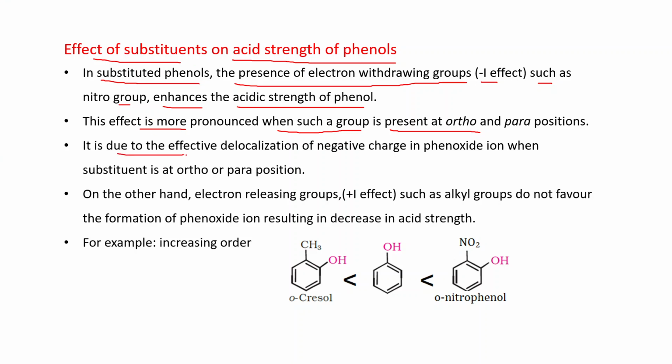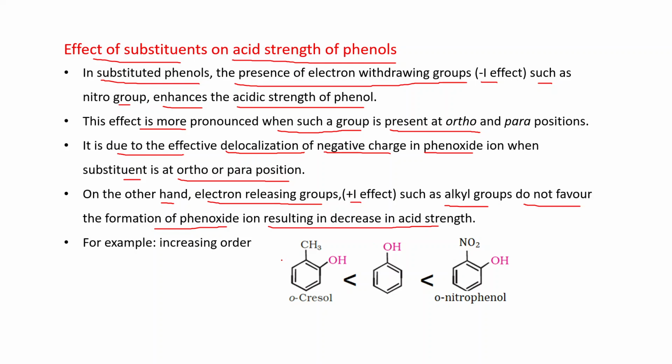It is due to the effective delocalization of negative charge in phenoxide ion when the substituent is at ortho or para position. On the other hand, electron releasing groups, that is groups having plus I effect such as alkyl groups, do not favor the formation of phenoxide ion, resulting in a decrease in acid strength.